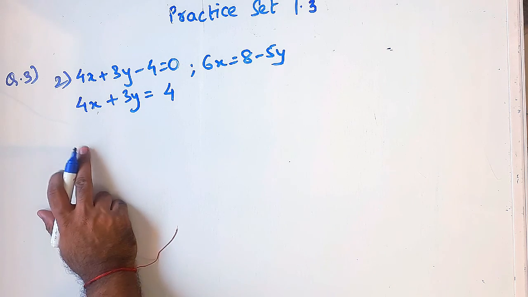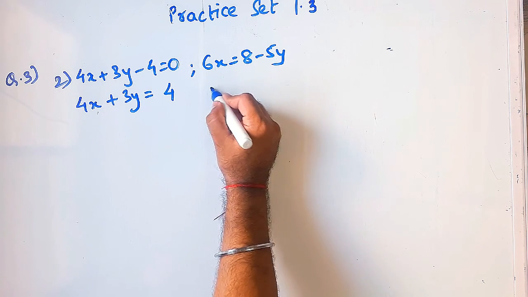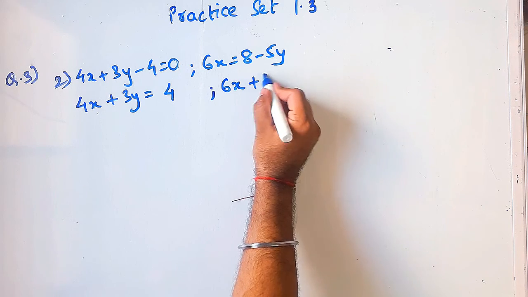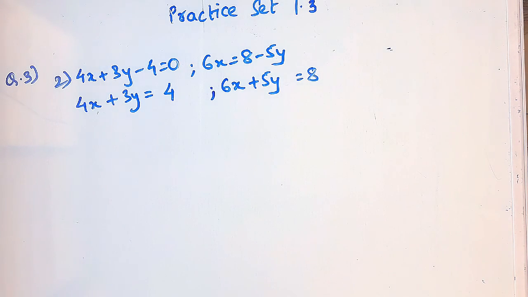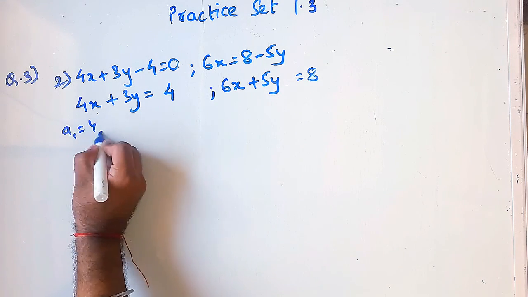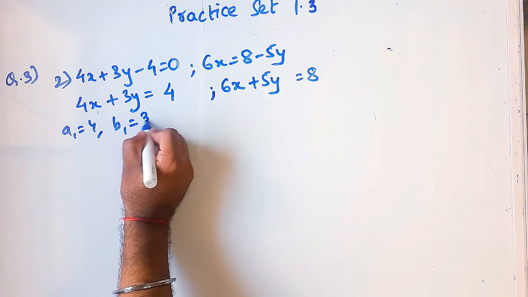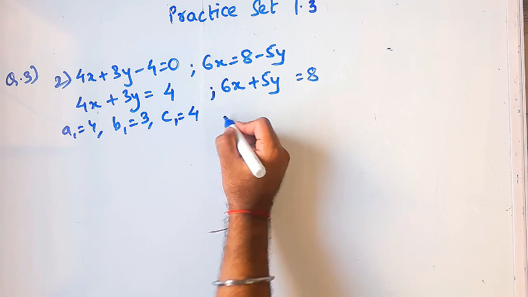After that only we can compare this with a, b and c. Here it will be 6x, minus will come here, it will become plus 5y, 8 will remain there, it will be plus 8. So I can write here a1 is 4, b1 is 3, c1 is 4.